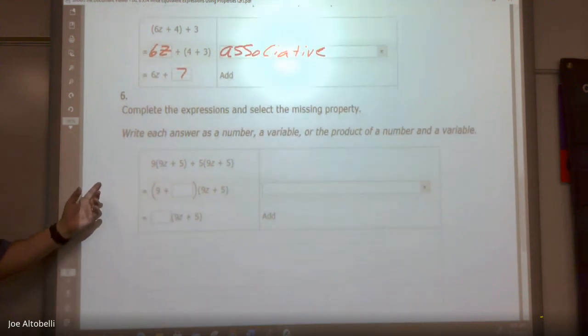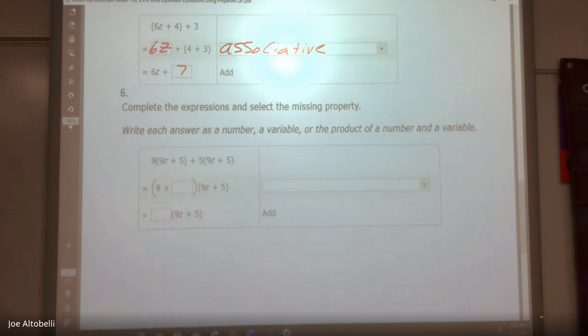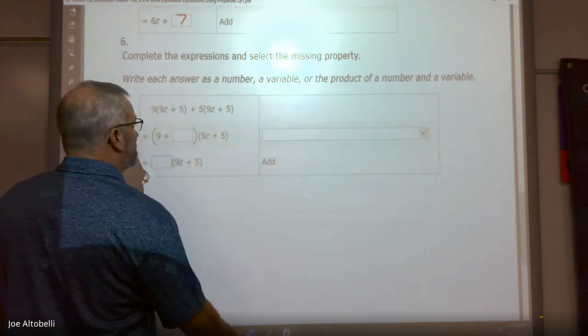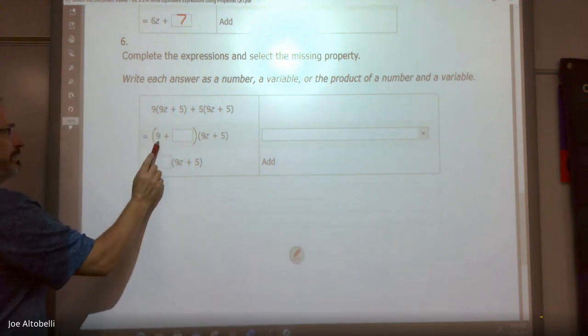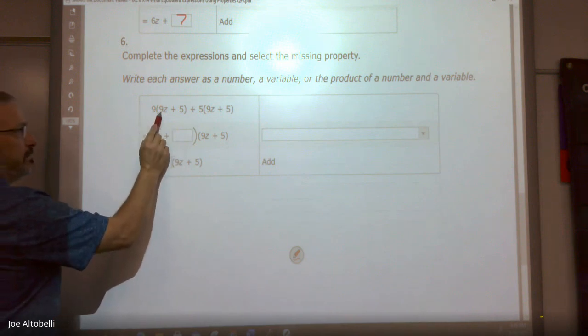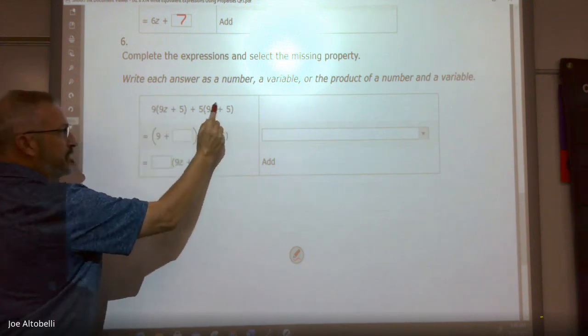All right, number 6. Okay, so we have the 9z plus 5, the 9z plus 5 is here.